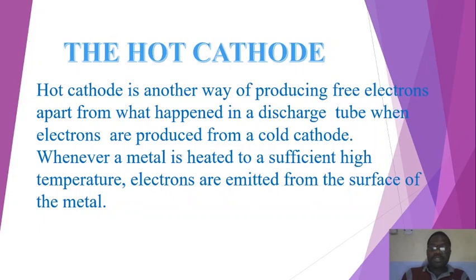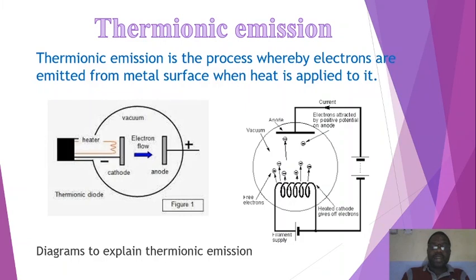So we now say that whenever a metal is heated to a sufficiently high temperature, electrons are emitted from the surface of that metal. And that is what we call thermionic emission. So we now define thermionic emission as the process whereby electrons are emitted from a metallic surface when heat is applied to it.